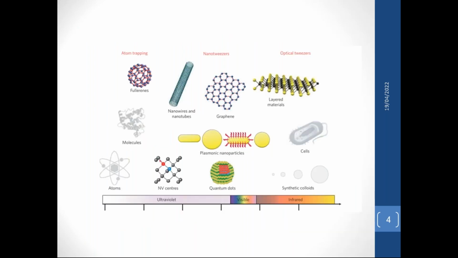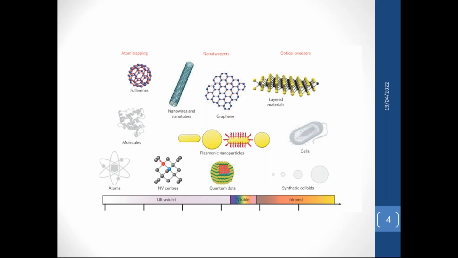There are several shapes for the nanoparticles. For going to bio trapping and for going to atom trapping, the size of the particle changes, and also the wavelength that we could use for trapping the nanoparticles, for particles less than 10 nanometers.